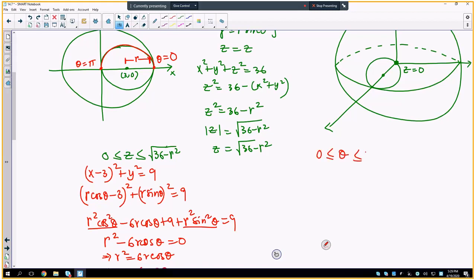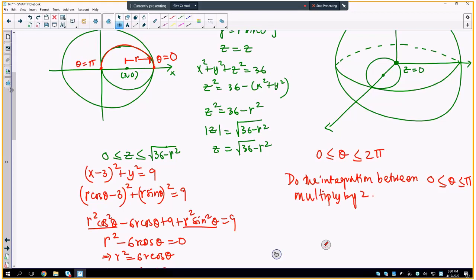But when I actually do the integration, I do the integration between 0 and pi and multiply by 2. This is very much important that we remember and understand. Otherwise, the symmetry about the x-axis is going to cancel the area on the top and area on the bottom, and you will get 0. So that's not what you want.